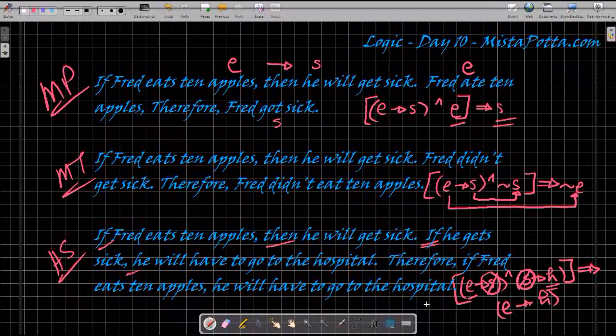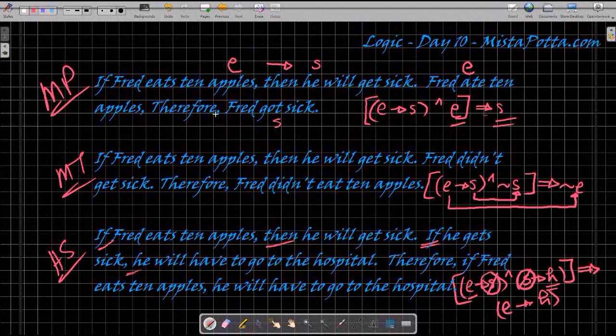So these modus ponens, modus tollens, and hypothetical syllogism arguments are the arguments that we're going to see extensively in the next couple of weeks. And so students really need to be able to recognize them, both symbolically and in the English statements.